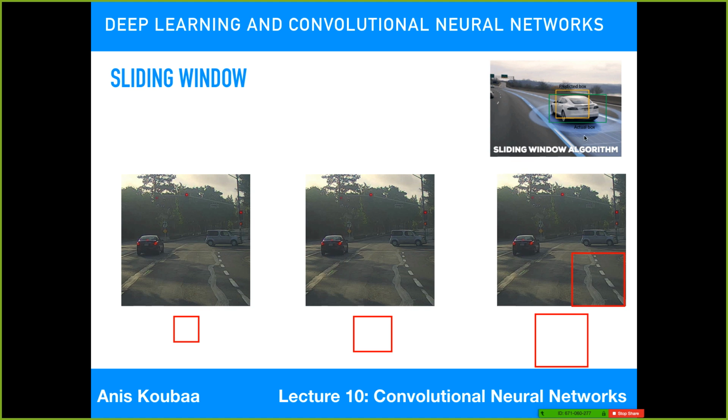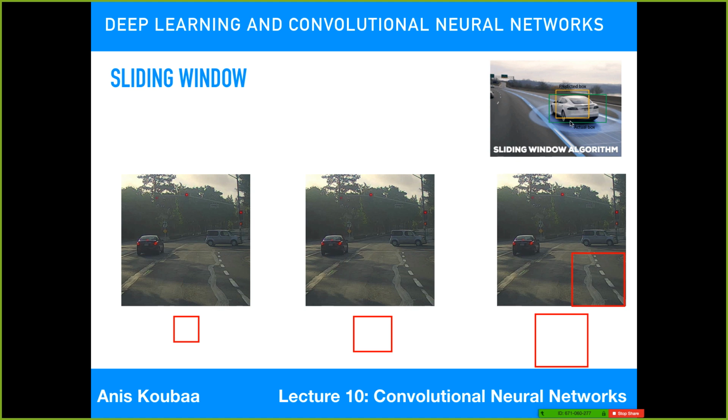But of course, there can be a drawback, because now we are going to fix a sliding window with a certain size, let's say a square like this. And you may predict, for example, your predicted box is this one, but actually the real car bounding box is this green one. So it's not going to be very accurate later on in the prediction.